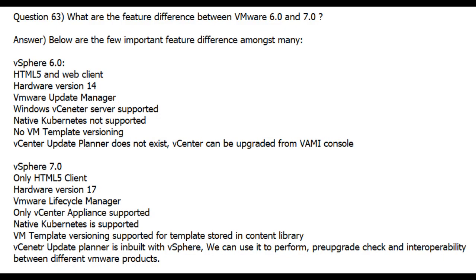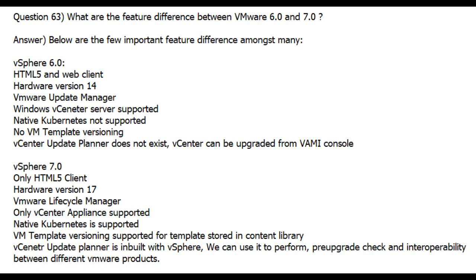Question 63. What are the feature differences between VMware 6.0 and 7.0? Answer. Below are a few important feature differences amongst many. First we will describe vSphere 6.0, then we'll describe features for vSphere 7.0. vSphere 6.0 features are as below.